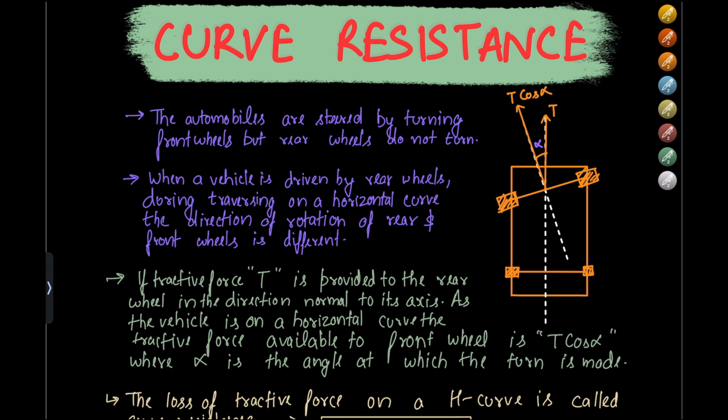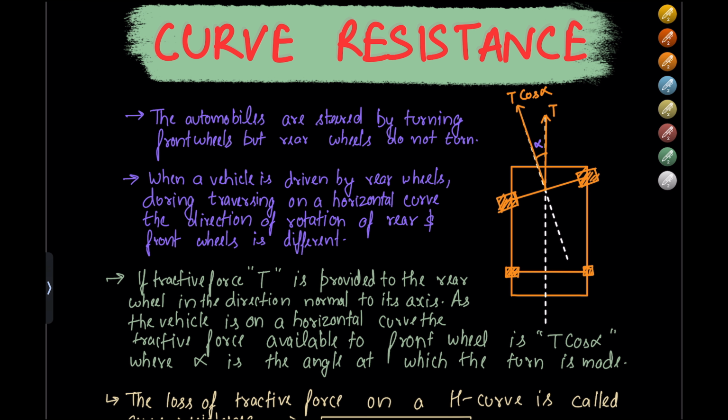When the vehicle is a rear wheel drive and front wheels are turned to the left side, the total traction force is reduced by a value of cos alpha, and the total curve resistance that we get is T minus T cos alpha, right? So that is what we are explaining.